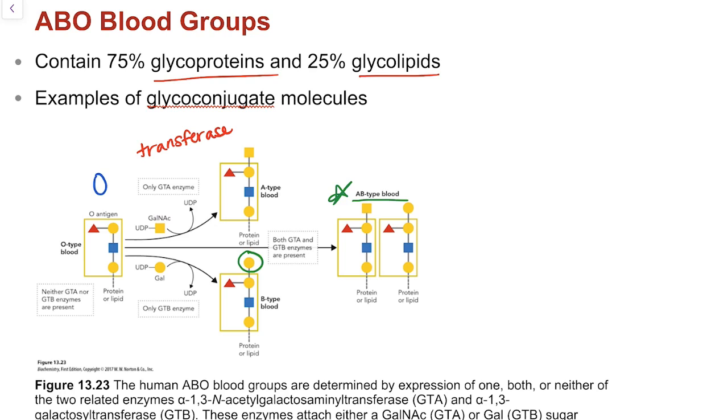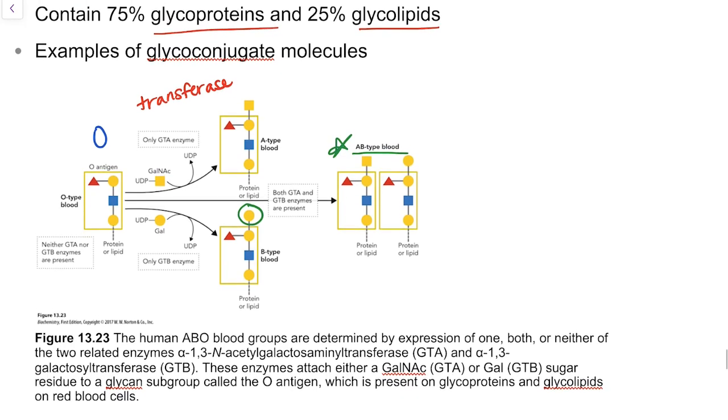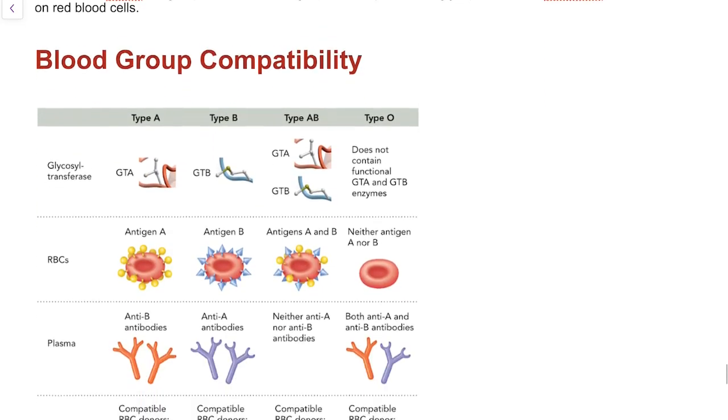Keep in mind that this is different than the Rh factor and the antigen that gives rise to the positive or negative of your blood type. This is just type A, type B, type AB, or type O based on the activity of these transferases. So at some point in recent evolutionary history, there's been a divergence of which of these transferases are active, and not everyone has the same ones that are active, and that's what gives rise to our different types of blood.